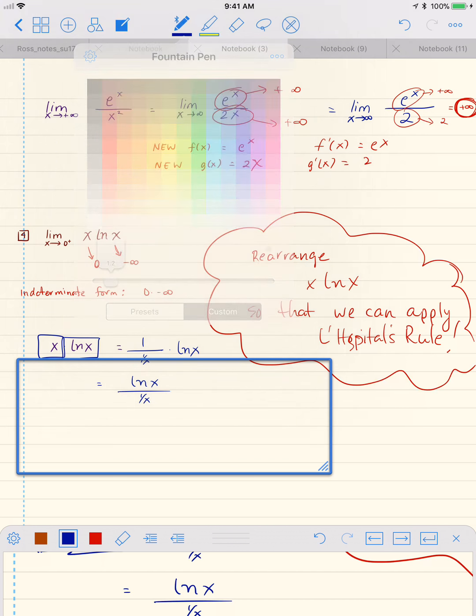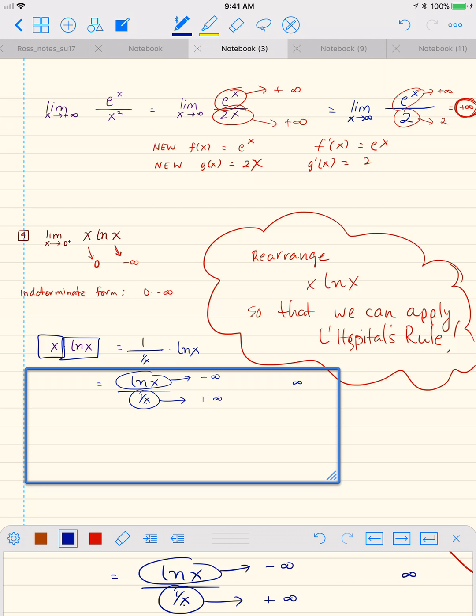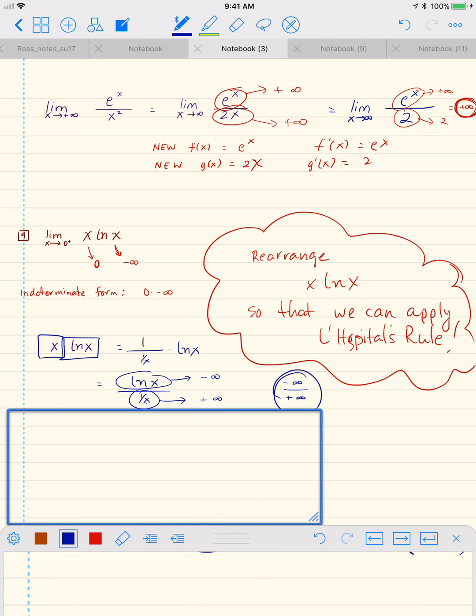ln x is going to approach negative infinity. 1 over x is going to approach positive infinity. Okay, so we have our indeterminate form of negative infinity over positive infinity. And we can now apply L'Hopital's rule.